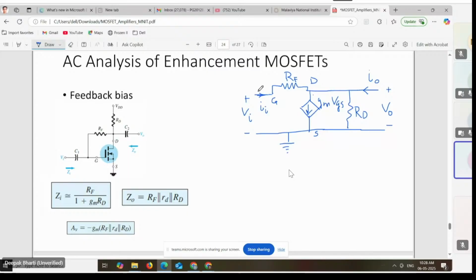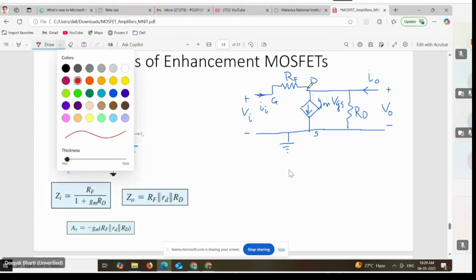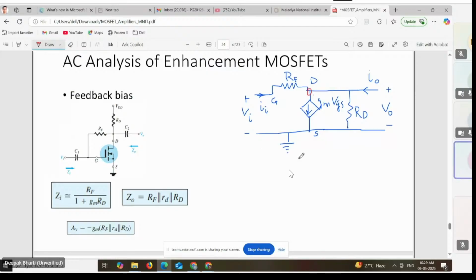So what we can do is apply KCL here. Okay, so what is KCL? Let's apply it. This is what current? This is Ii. Ii current is passing through RF, and let's apply the KCL at this point. So what will that be?